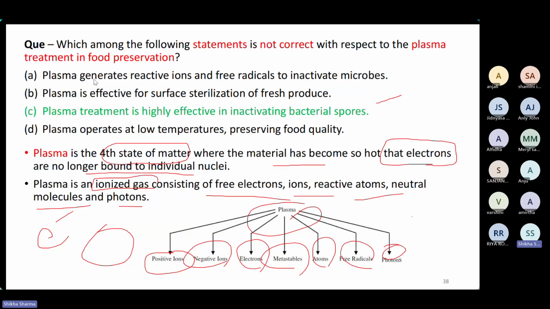So plasma generates ions and free radicals to inactivate microorganisms, which is correct, and it operates at low temperature, preserving the food quality, which is also correct because we can have cold plasma treatment.